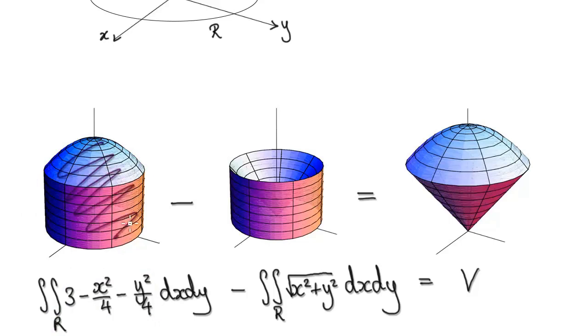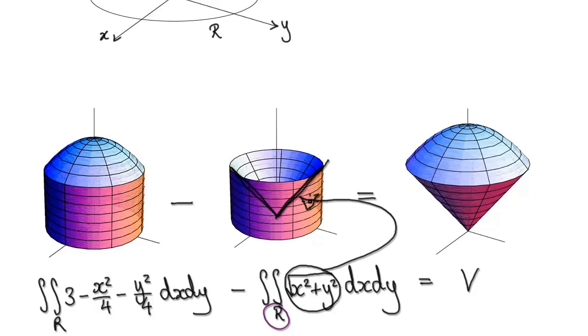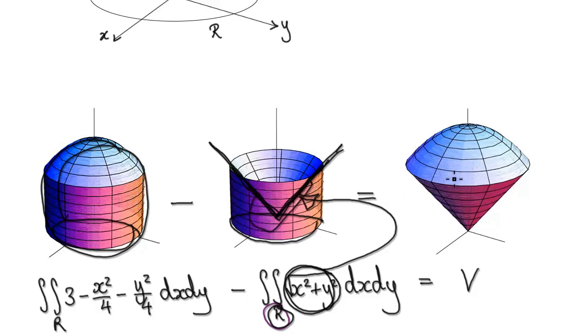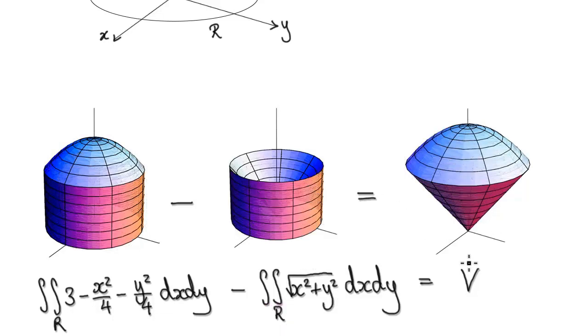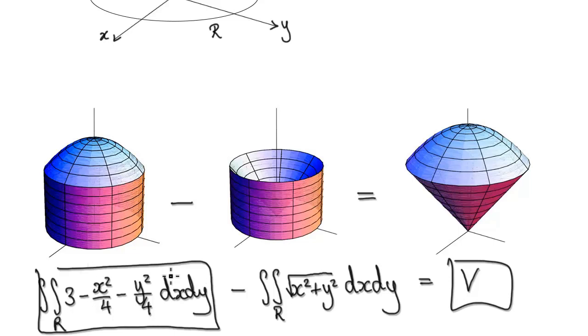But there's also a cone here, which is this surface. When you integrate it over this region, which is our circle, the same region as here, you get another volume. So if you take this whole volume and take away this volume, it will give you our intended volume. The volume is given by this, take away this.